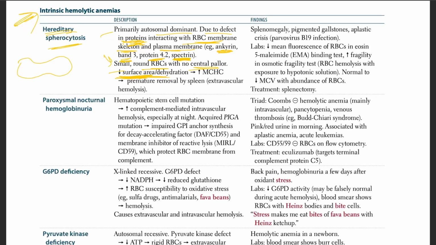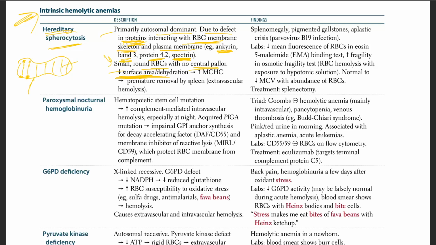So we have the cell, this is the normal RBC, right? And we have the tethering proteins here that bind to the cytoskeleton, and that makes up this whole disc-shaped cell. This is the cytoskeleton, and this is the plasma membrane of the RBC.